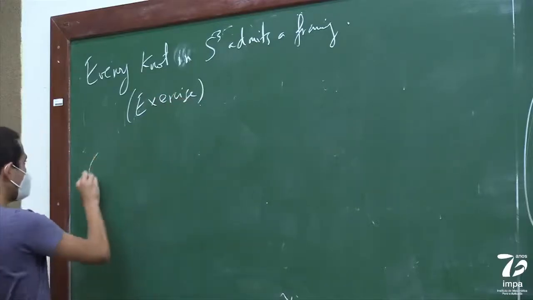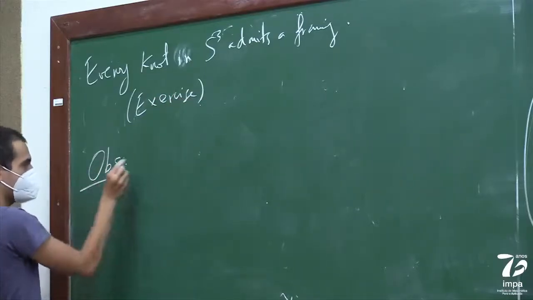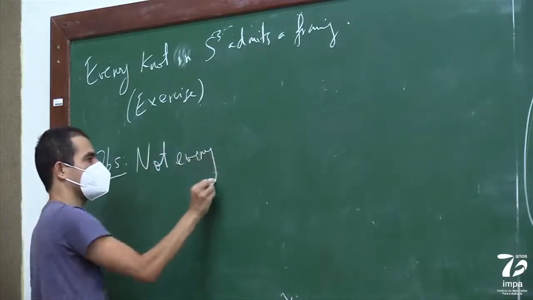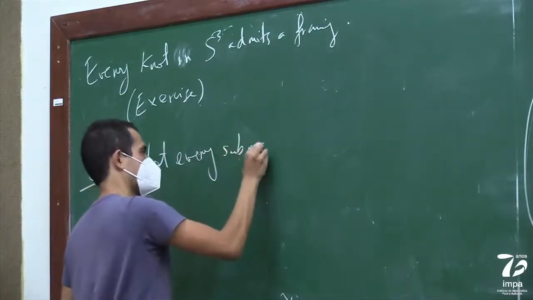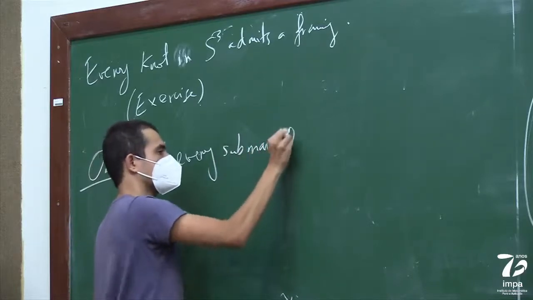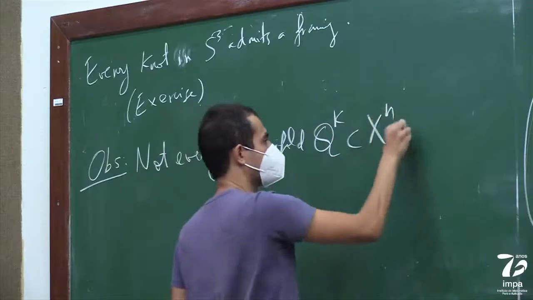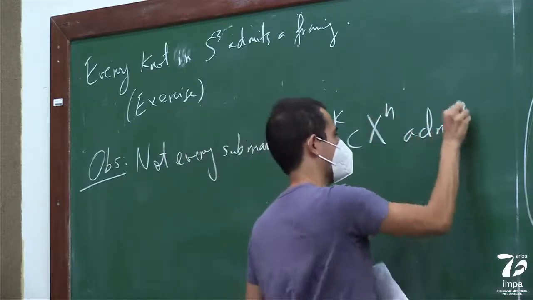And maybe the observation that I should make in general is that not every submanifold Q, K in X^n admits a framing.